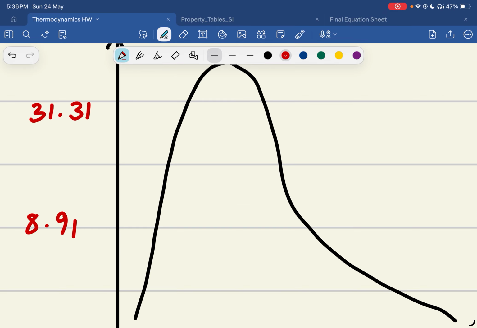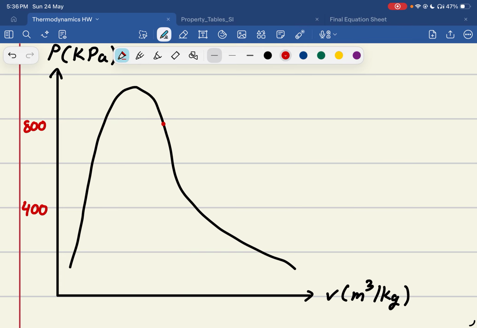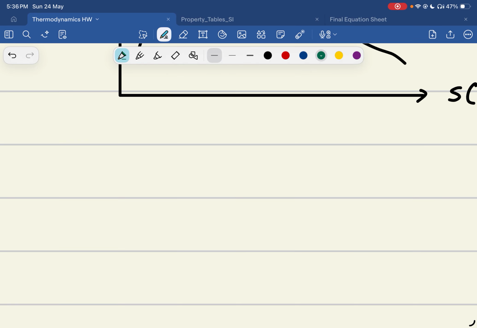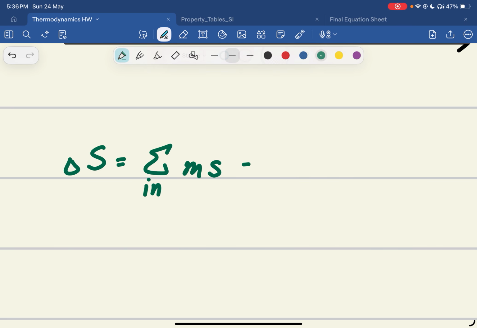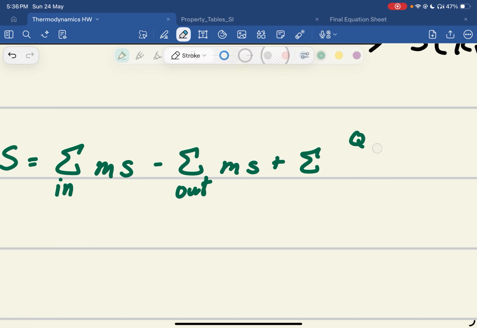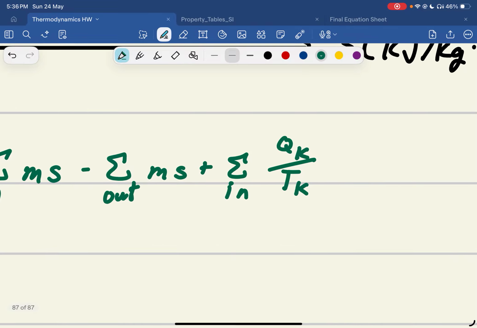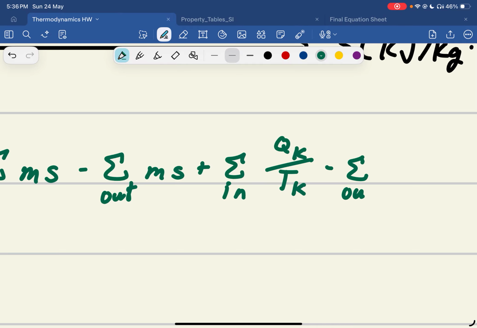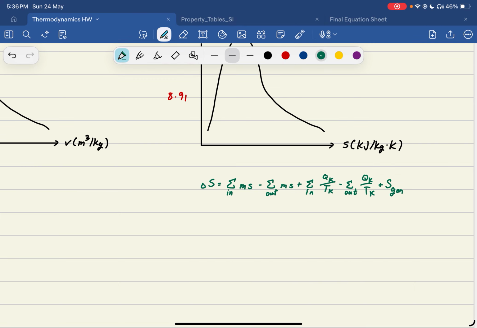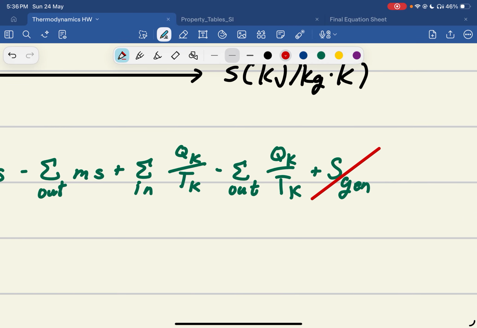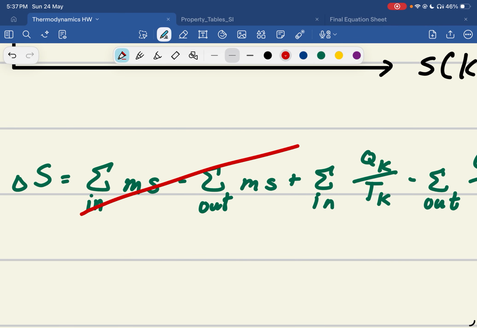And let's draw our dots. No, it's here. Since it's reversible, we have an entropy balance: S in minus S out plus S generated. We can take care of S generated, and it's a closed system, so we take care of these with the mass.